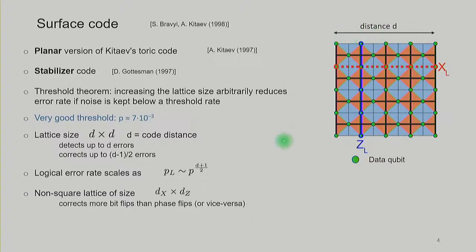So for a d times d square lattice, we have d, which is the code distance, which is ultimately related to the number of errors that the code can detect and correct.